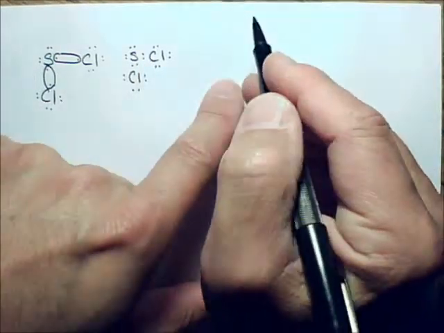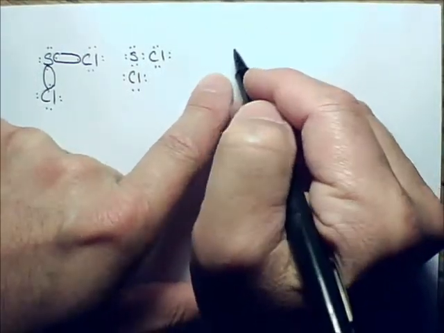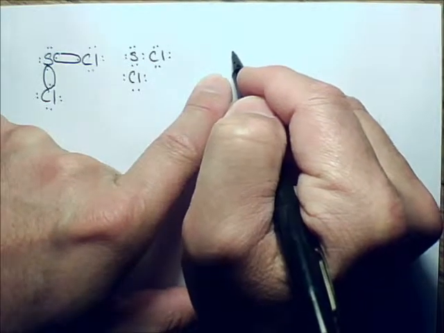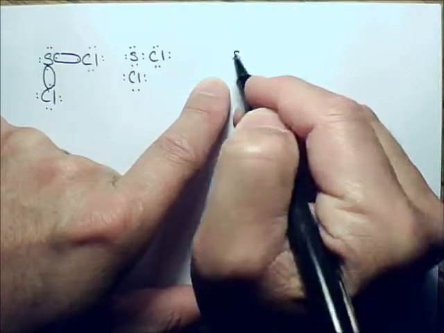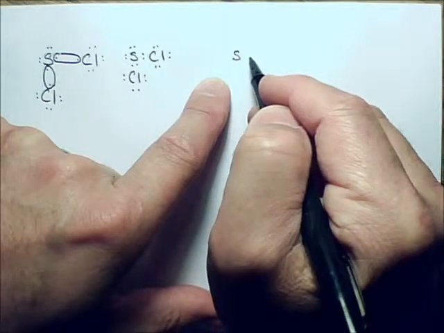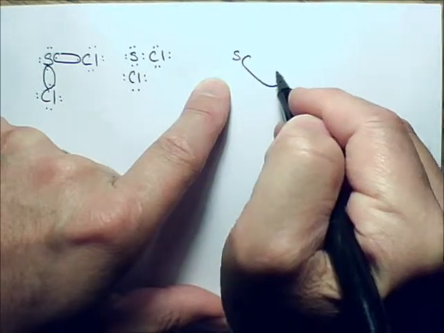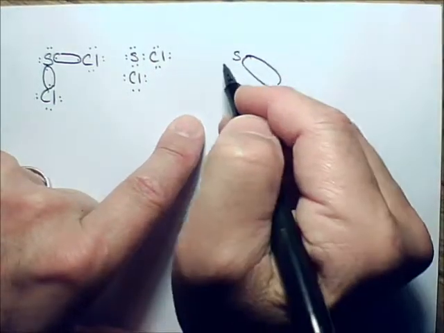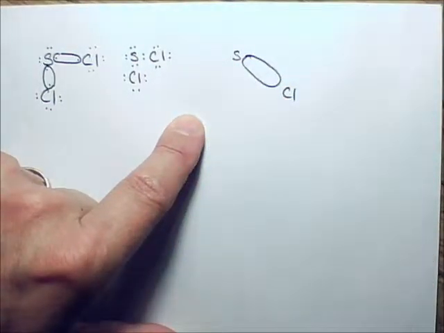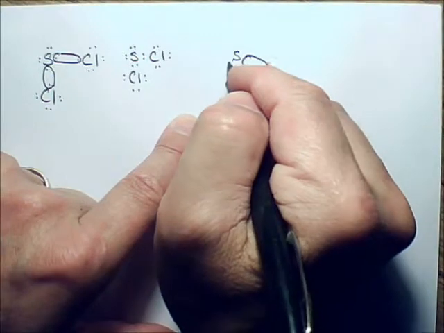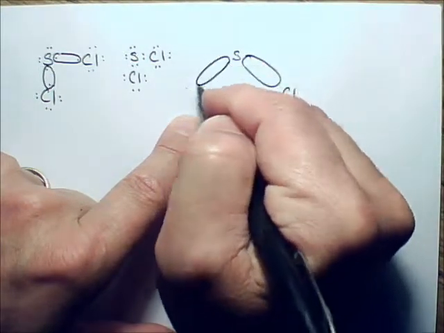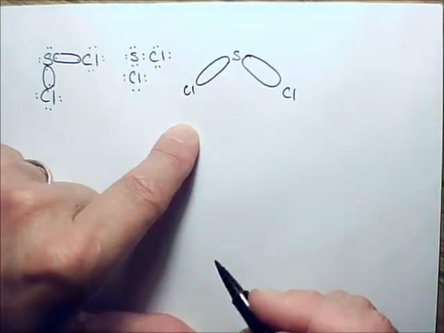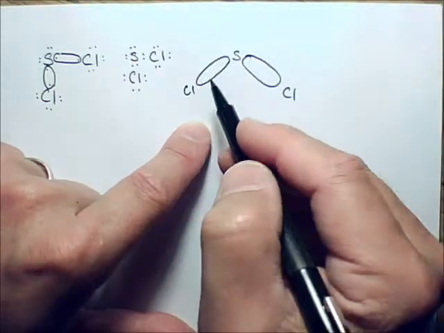If we were drawing the shape of the bonds, sulfur might be here, and I'd have a sigma bond going to the chlorine. Okay, so it's directly on a line between the two nuclei, and this sigma bond here is going between here and this chlorine. Okay, directly on a line between the two atoms.